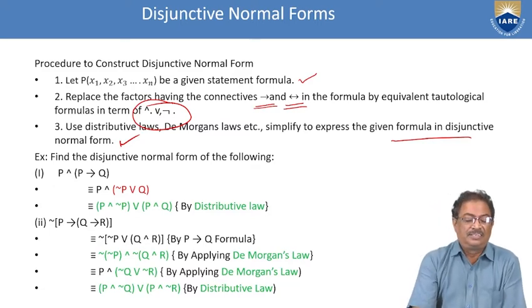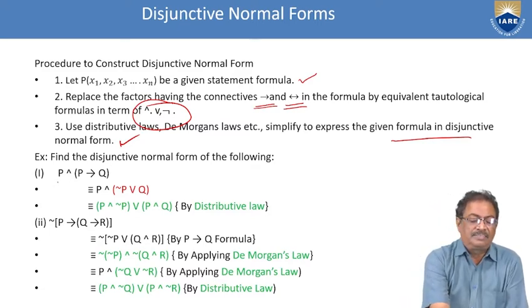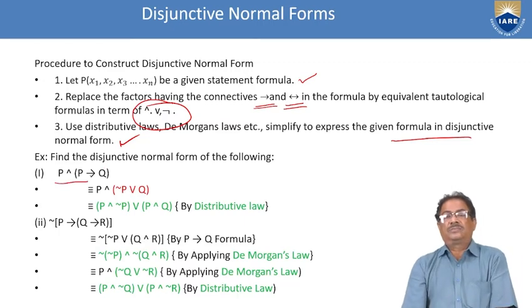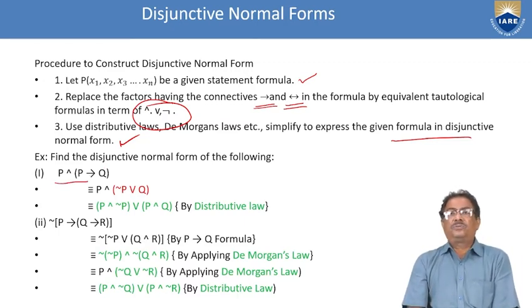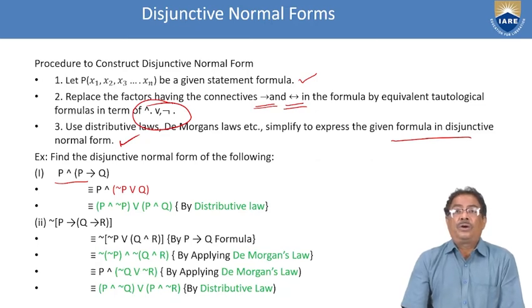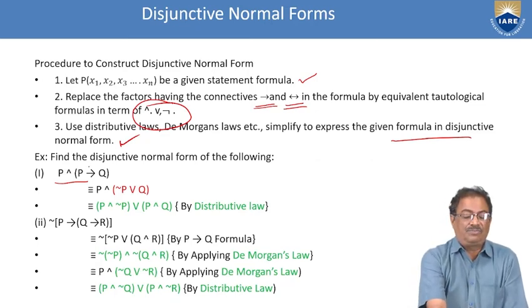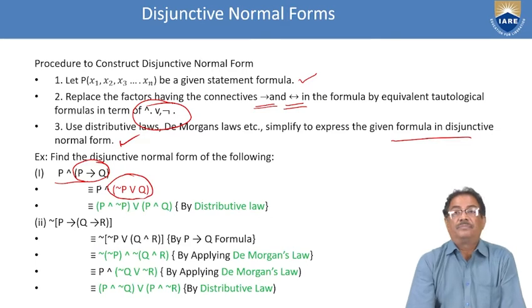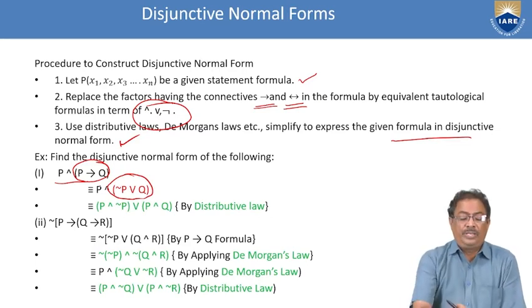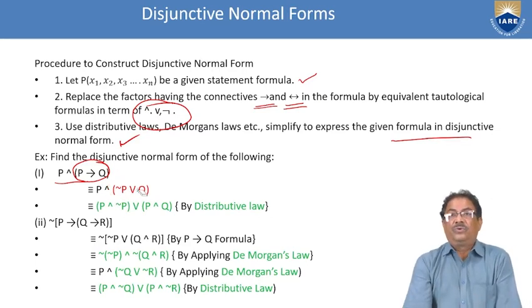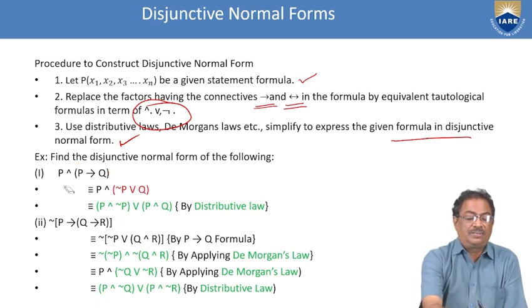Now let us consider this compound proposition. Observe that it has a conditional. So the conditional we are going to replace with its equivalent form. So we just remove the conditional.